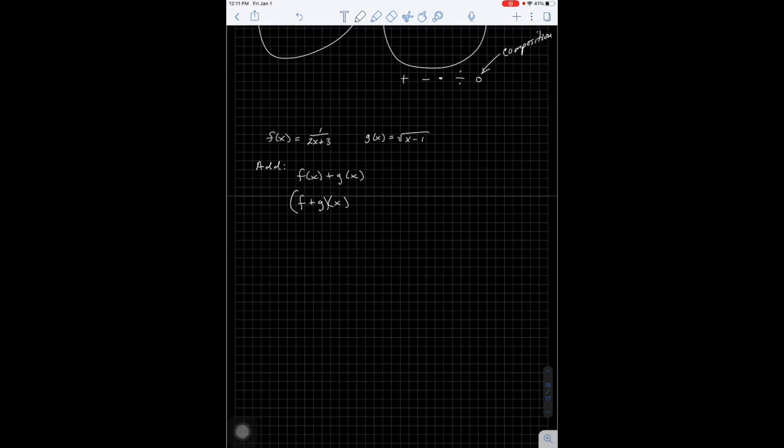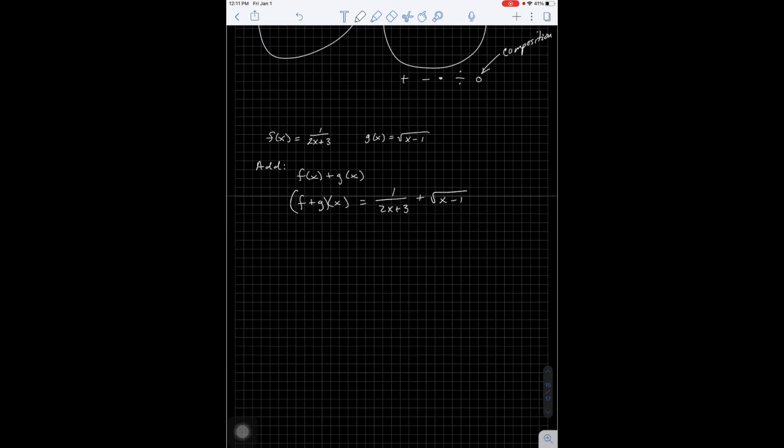Both of these are correct and they mean the same thing. The way the operation works is not complicated. You just take one function and you add it to the next. And just like with numbers and fractions, addition is commutative, which means that you can write them in opposite order, and it's the same thing.